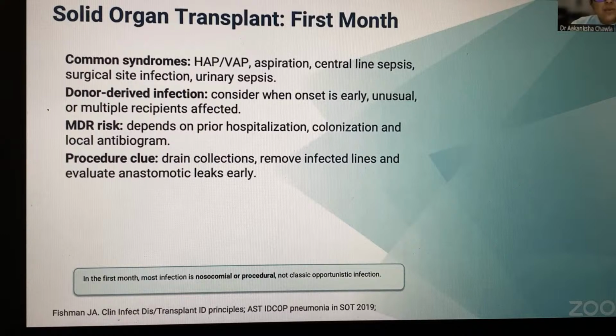So all of that would add up to the MDR risk. And of course, if there is any procedural complication or risk which is associated, any drain collections, any infected lines, or an anastomotic leak which has been present, would require an early evaluation in the first month post solid organ transplant.